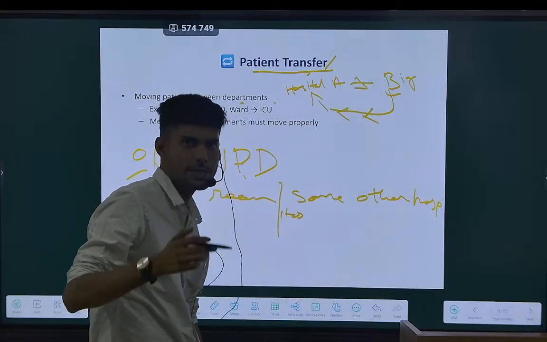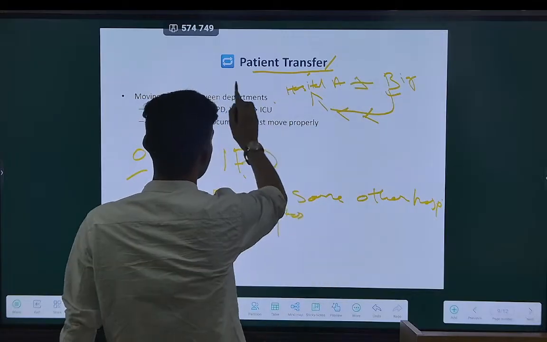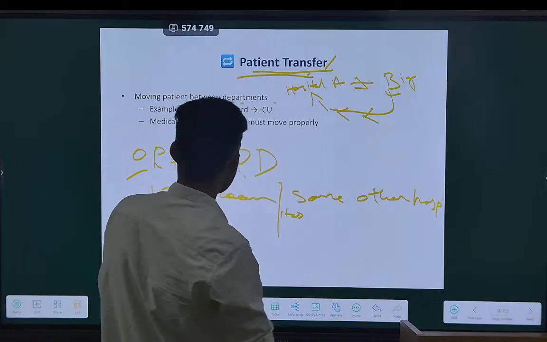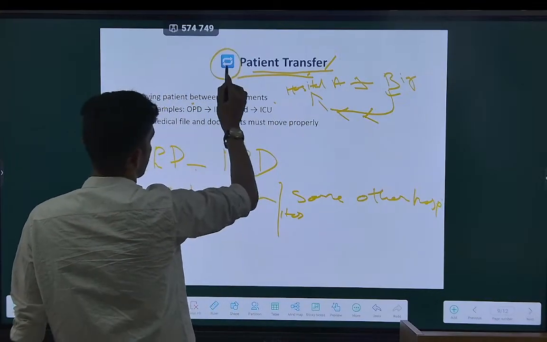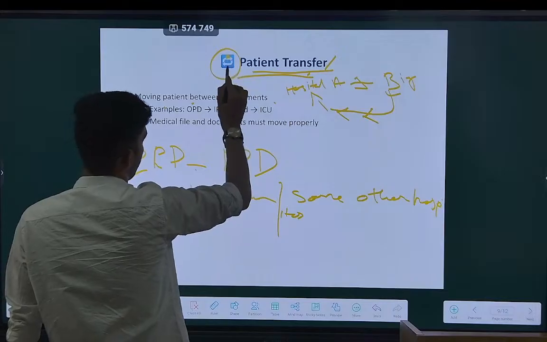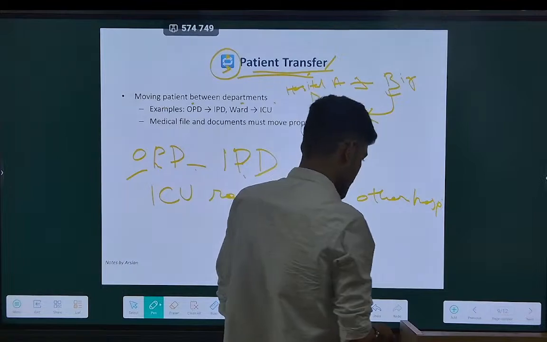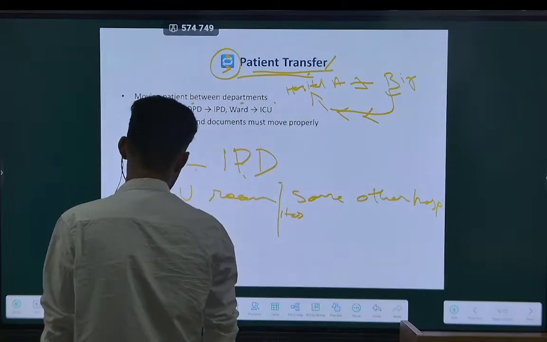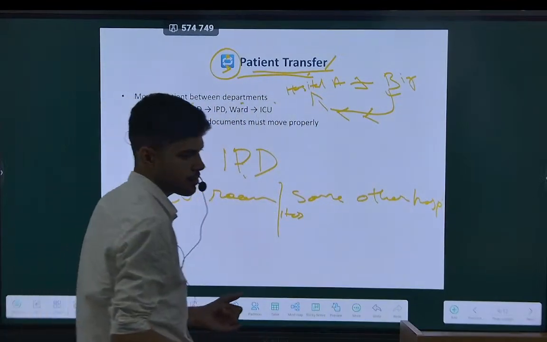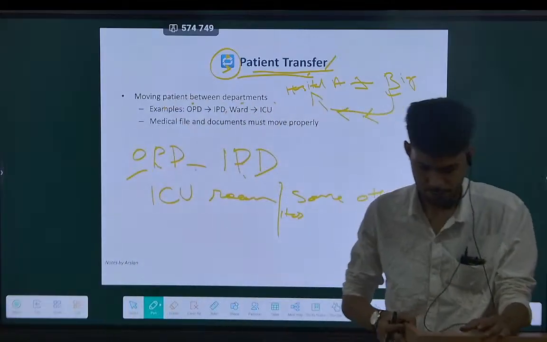So moving of patients between hospitals also comes under patient transfer. You can see this logo. From A department to B and B department to A. They can transfer between the wards, between the hospitals, or anywhere.